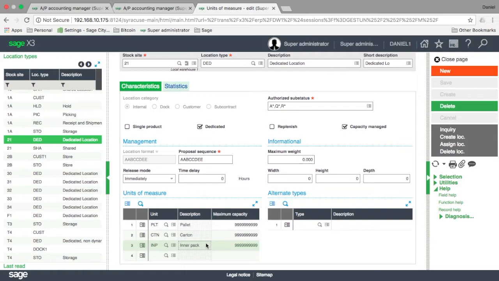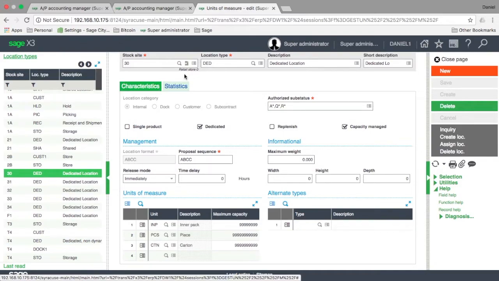For retail stores, inner pack, carton, and pieces. Notice at retail stores, pallet unit of measure does not exist. Neither do regional distribution centers have any units at pieces level, which is a type of control by unit of measure.